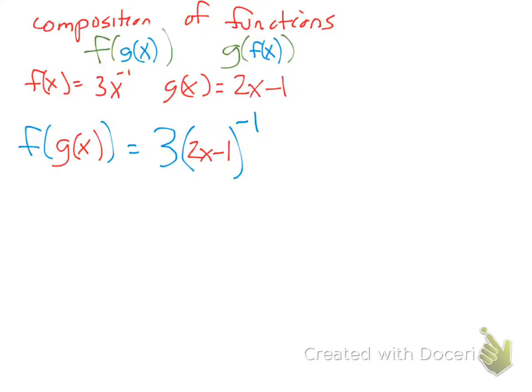You just did composition. Now, if that didn't have a negative 1 power on it, then I could actually distribute the 3 and gather like terms. Because of the negative 1 exponent, we're going to leave it.